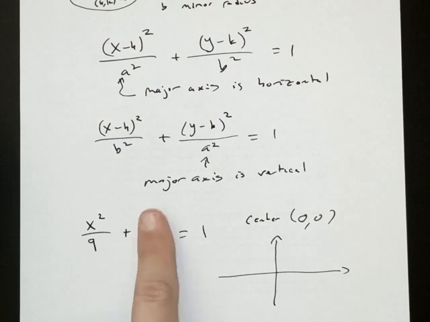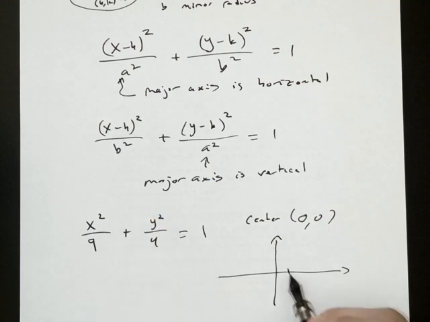If I set y equal to 0, then I get x is 3 or negative 3. Those are the ends of the major axis. It's 6 units across.